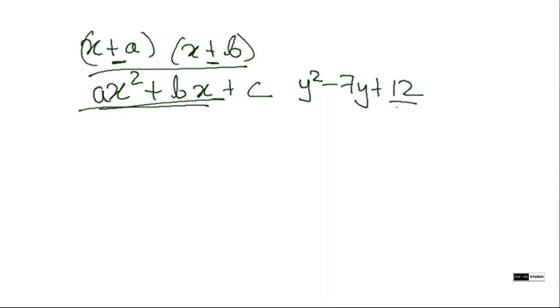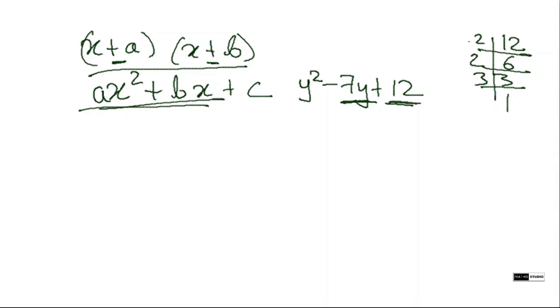So the aim is to factorize 12, the number without the variable, in such a way that it is divided into 2 parts such that overall the sum comes to minus 7. So if we take factors of 12, it is 2 and 6, 2 and 3, 3 and 1. So now we have to get minus 7.